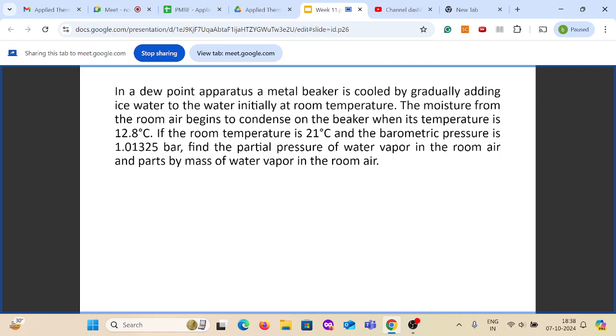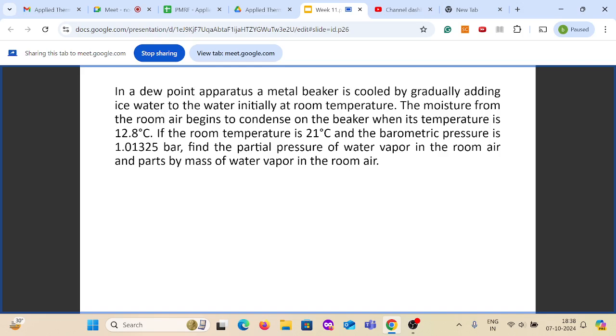What basically is happening is you have a metal beaker which is cooled by gradually adding ice water to the water initially at room temperature. This is similar to the example when you keep a glass containing ice water and you see that outside, water is getting condensed.